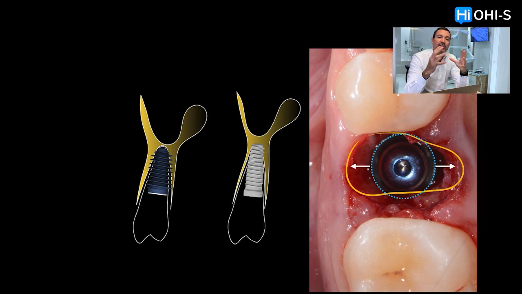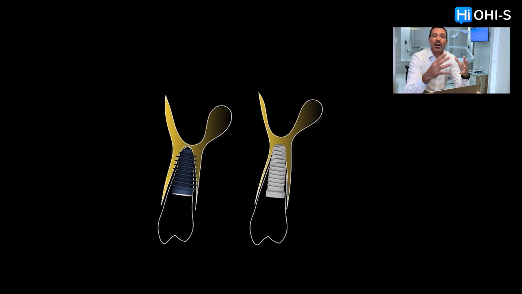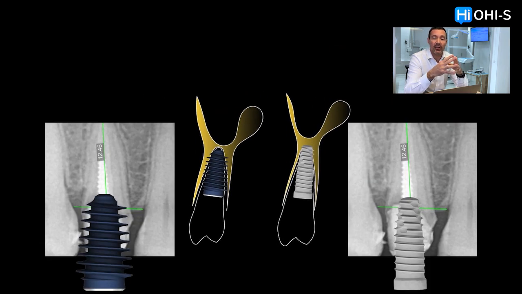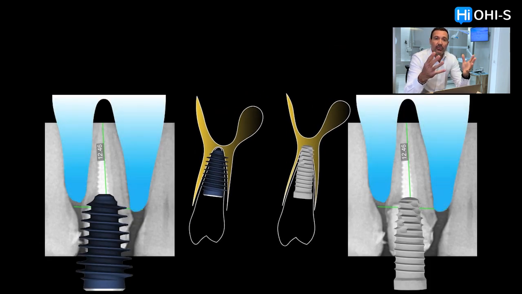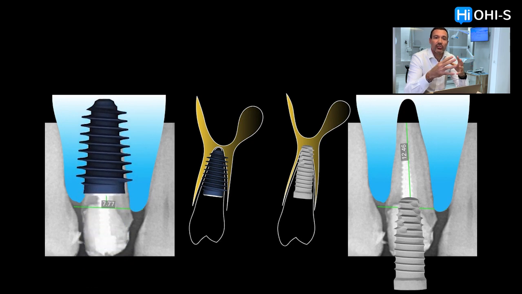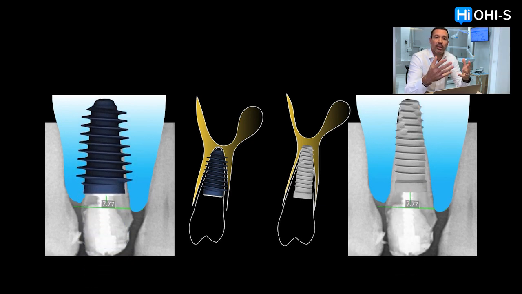The ideal 3D positioning: today we're using 3D technology, not only to diagnose and to find the best place to place our implant, but also to guide it if we're using guided surgery.